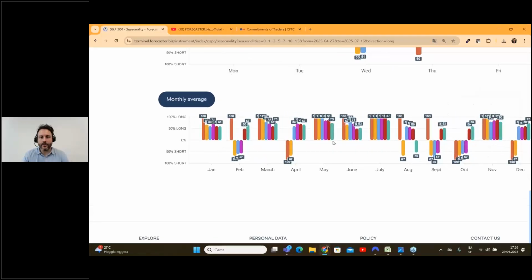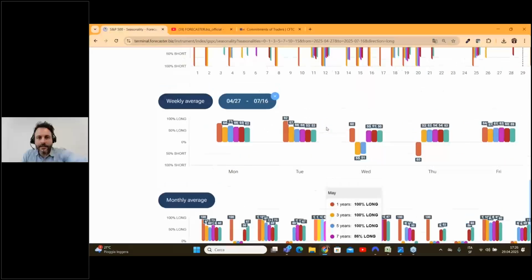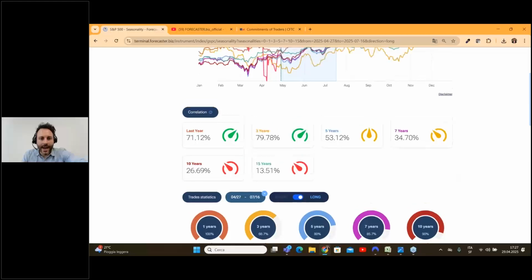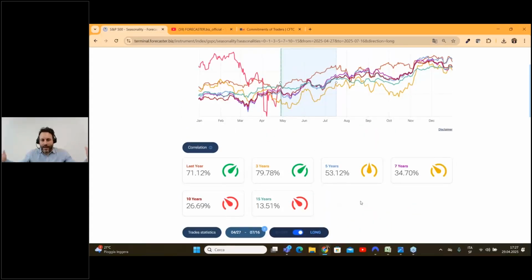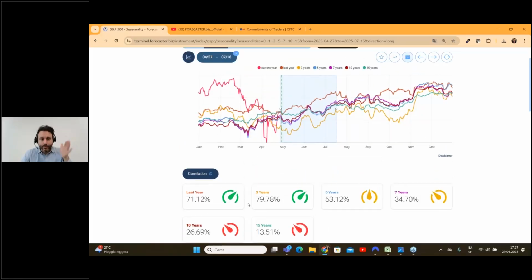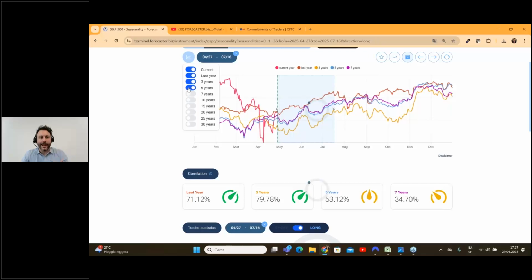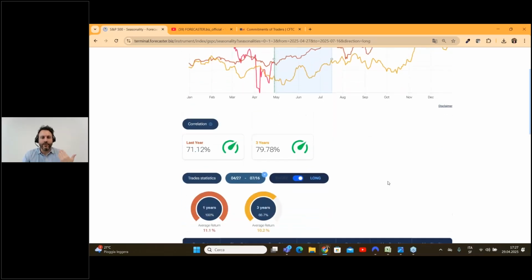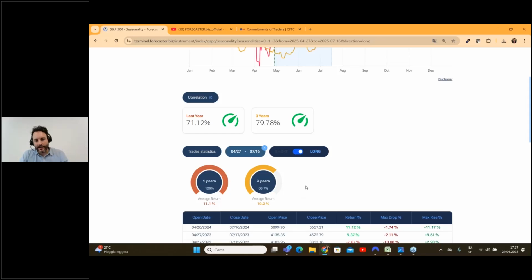So for example, we go here, we know that May is a very bullish month, but we can also be more specific, and we can say, okay, we know in the past the S&P 500 was very bullish in this specific period, but today we know that the S&P 500 is moving like it did in the last 3 years and in the last year, so we can be more specific in order to get statistics, in order to try to guess what we can expect from the market.